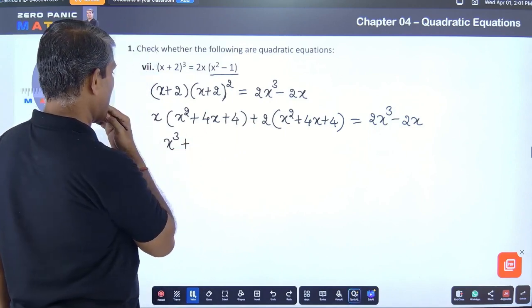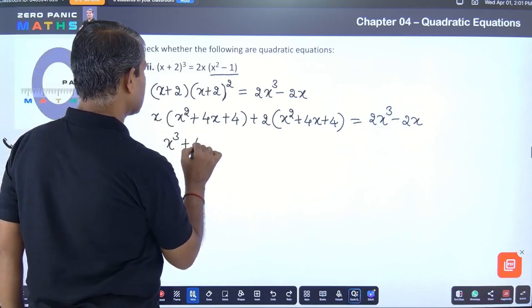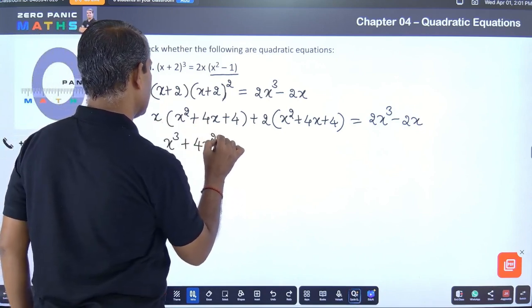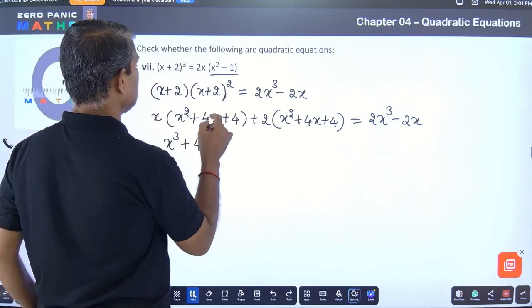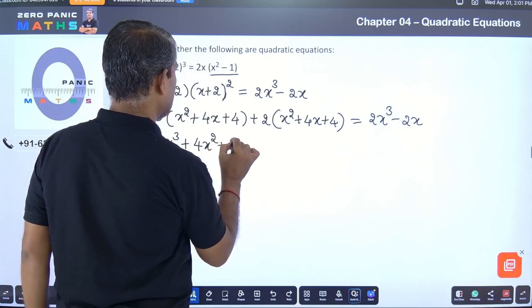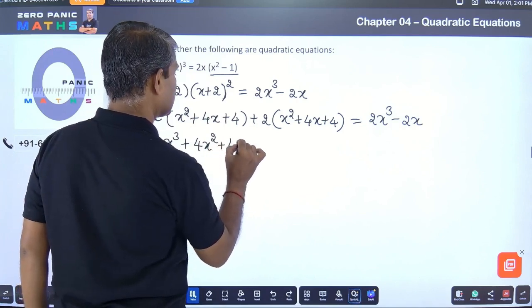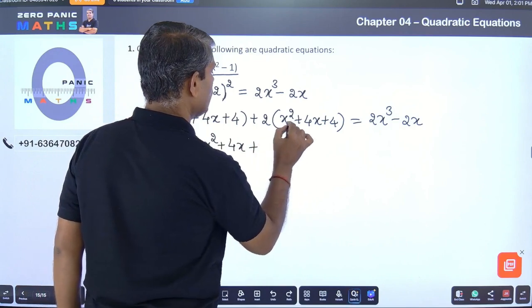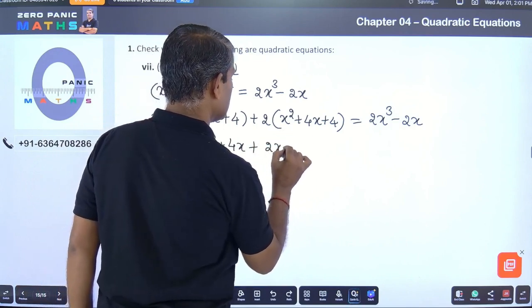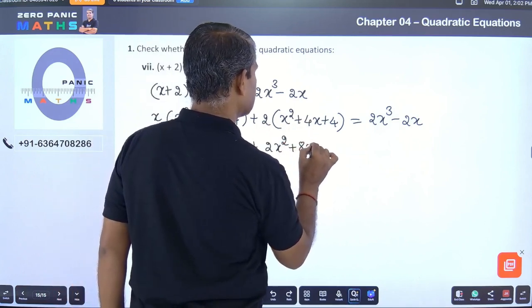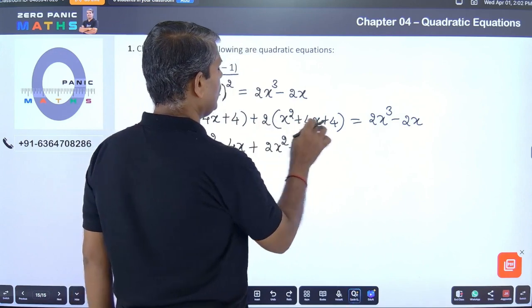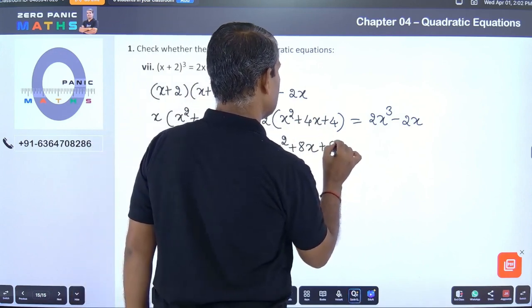Plus x into 4x, it is 4x square. Anything else? No. x into 4, that is 4x, plus 2 into x square, that is 2x square. 2 into 4x, it is 8x, right? 2 into 4, it is 8 only.